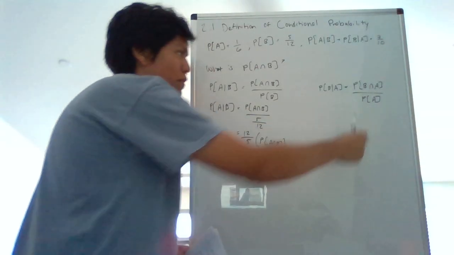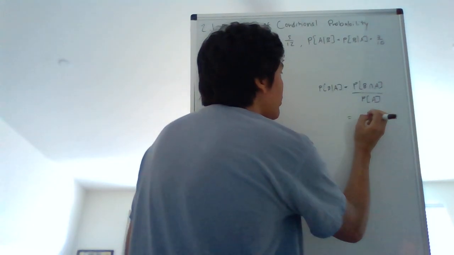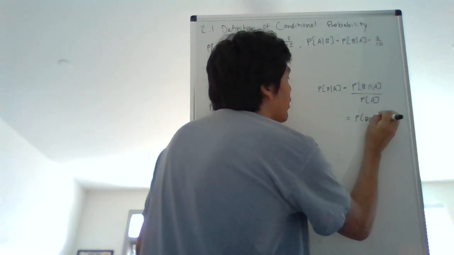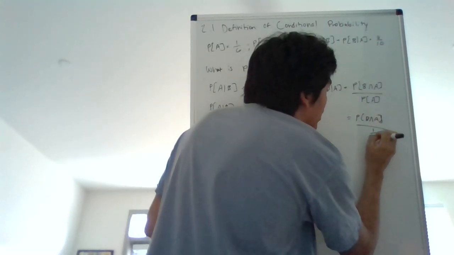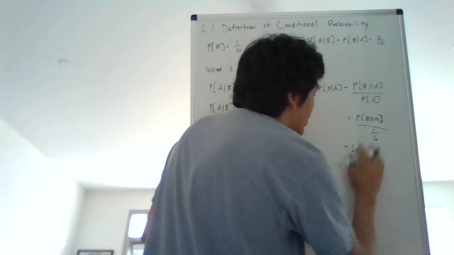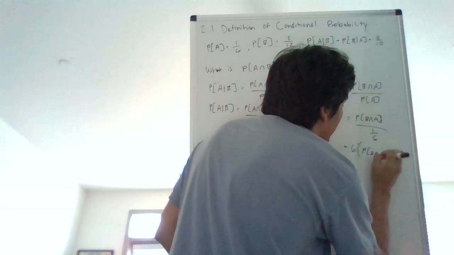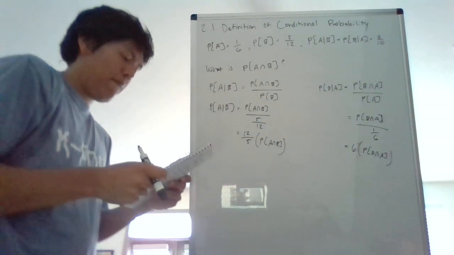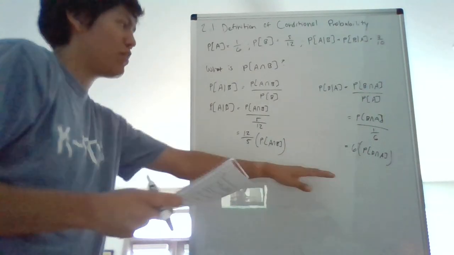And we can do the same thing over here, where this is equal to the probability of B intersect A over 1 over 6. But we can rewrite this as 6 times the probability of B intersect A. All right. So we're up to here, right?